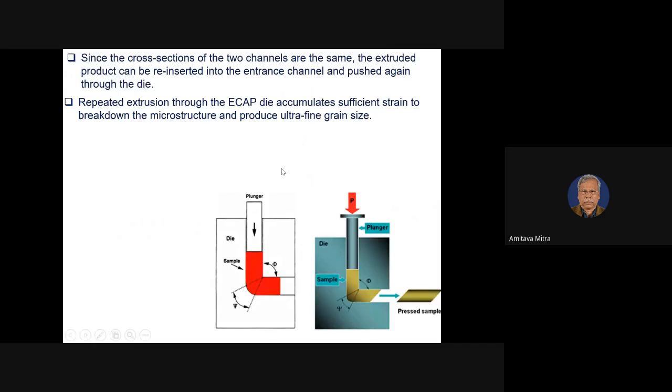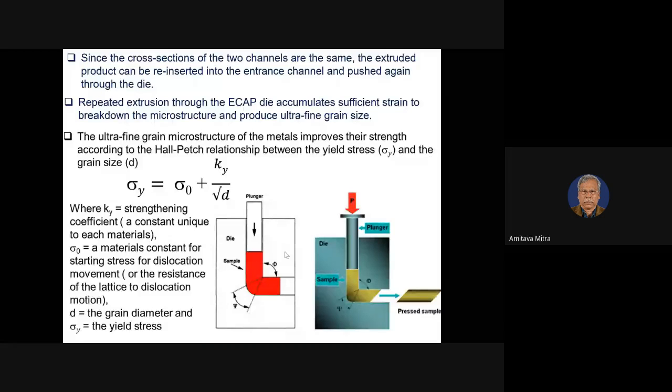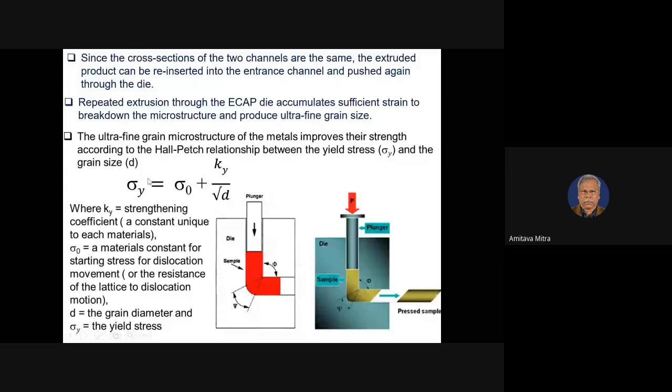Repeated extrusion through the ECAP die accumulates sufficient strain to break down the microstructure and produce ultrafine grain size. Again, that same equation: the ultrafine grain microstructure of metals improves their strength according to the Hall-Petch relationship between the yield strength and the root of the grain size.